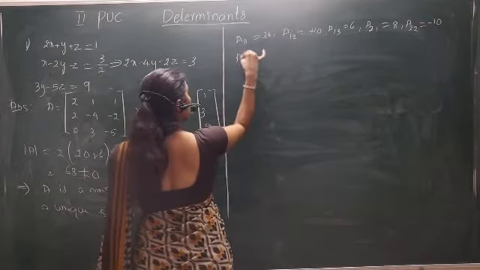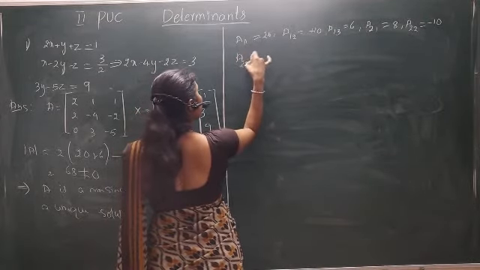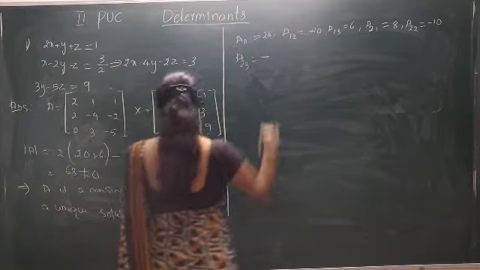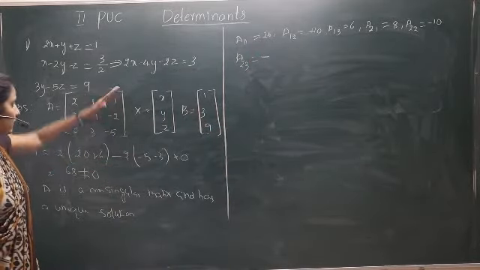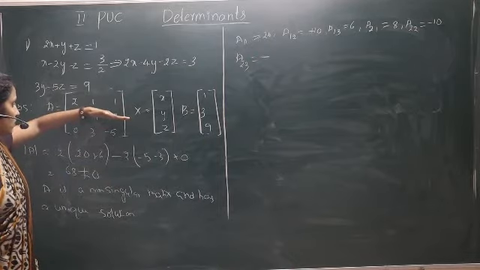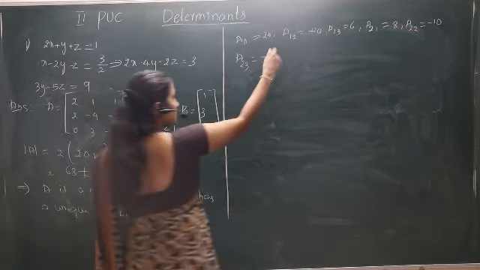Then A23 will be minus, deleting this row and column, so 6 minus 0 is minus 6.